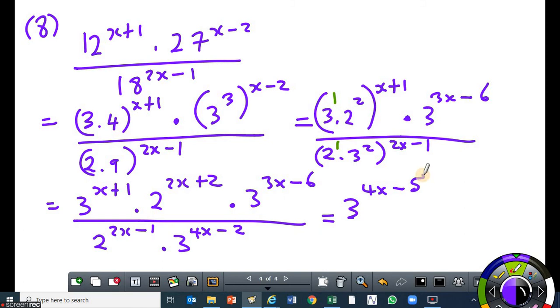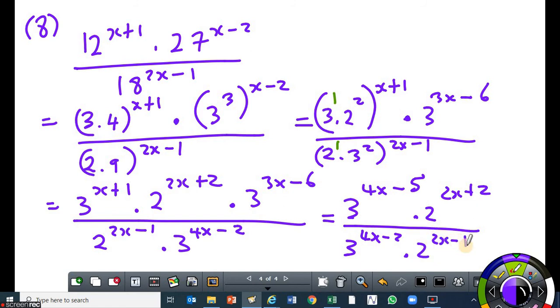Times this 2 to the power of 2x plus 2. And that's all over, in fact, I'm going to start with the 3. So 3 to the power of 4x minus 2. Because of multiplication here, I can start with the 3 to the power of 4x minus 2. Then write that 2 to the power of 2x minus 1. Okay?